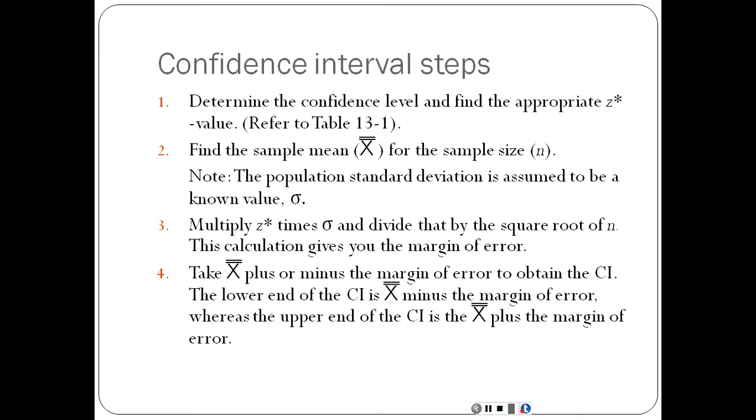It's going to be titled Table 13.1, and I'm going to place that in the learning module. That table has the different confidence levels that you can use, maybe 80% or 95%, and next to each would be the z-score that you would use. For instance, for a 95% confidence level, your z-score would be 1.96.